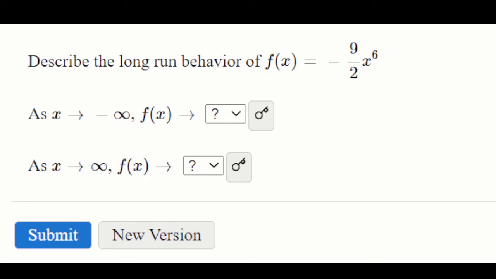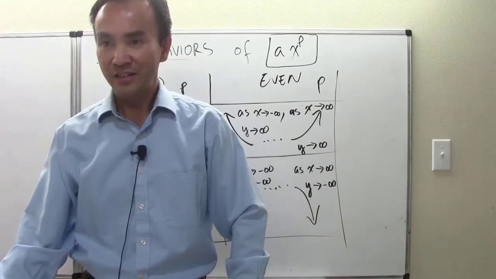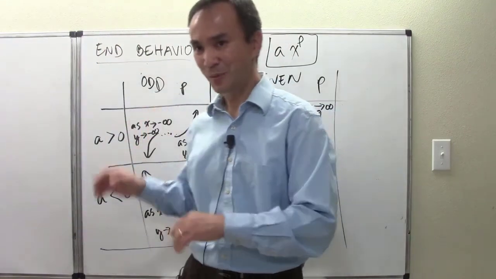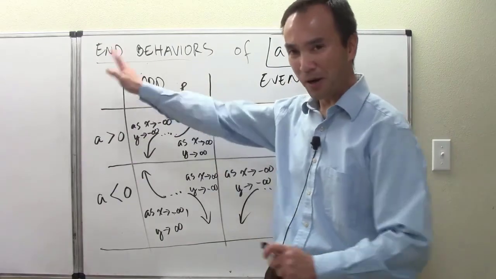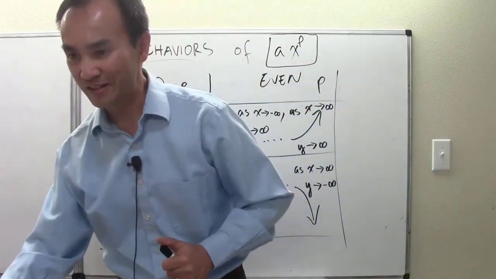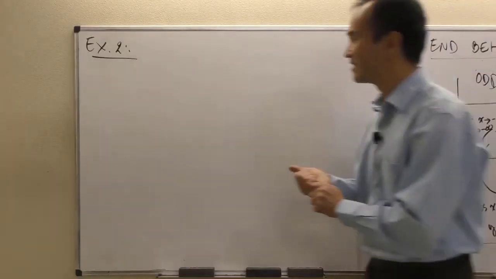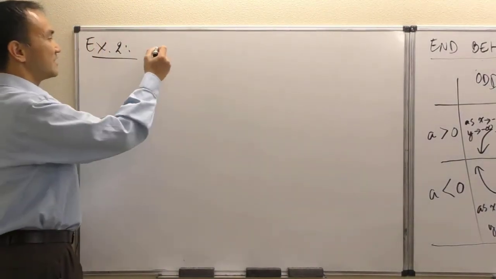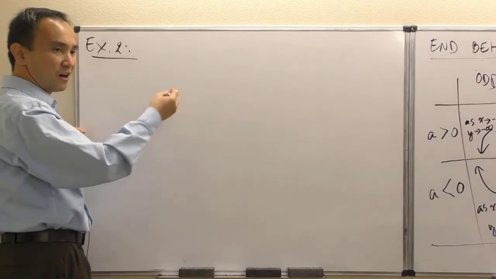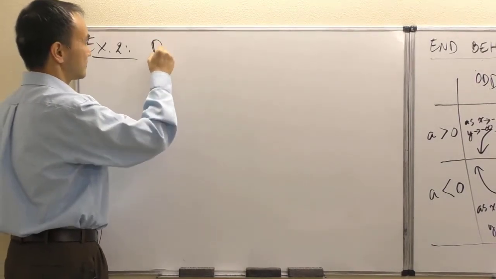Just like how I was explaining it with this board. So now we're going to use this board to describe, and I'm going to write part A down on the other board. The worded instruction was already given on the computer, which was to describe the long run behavior.